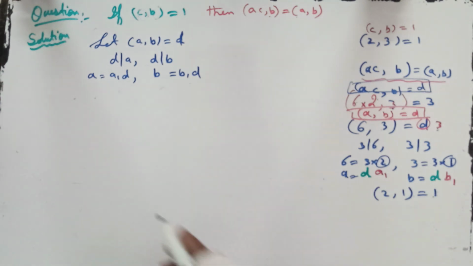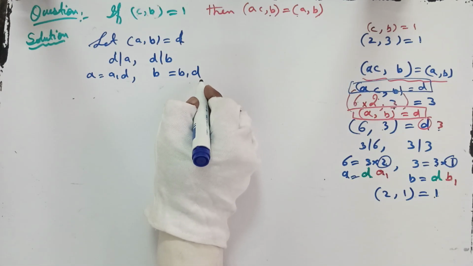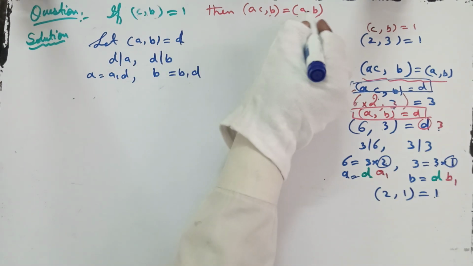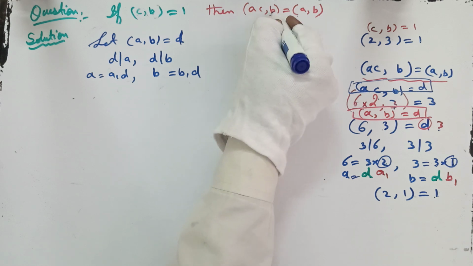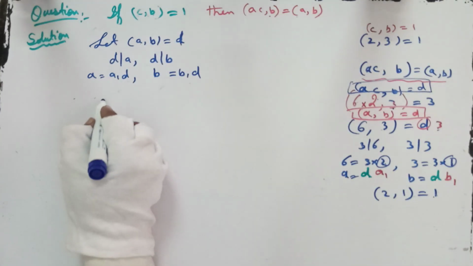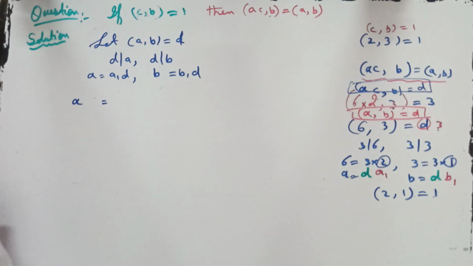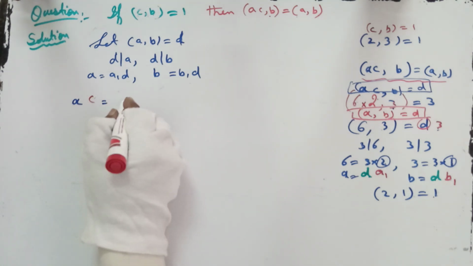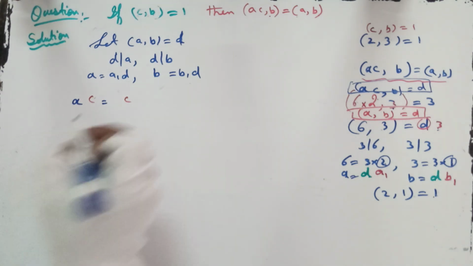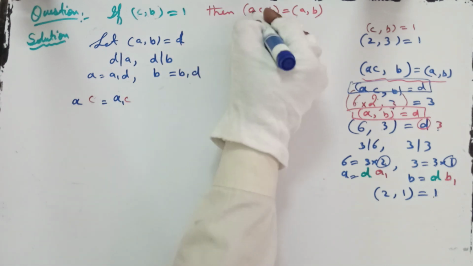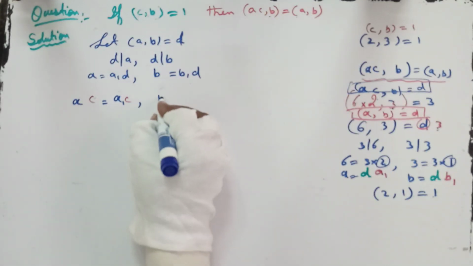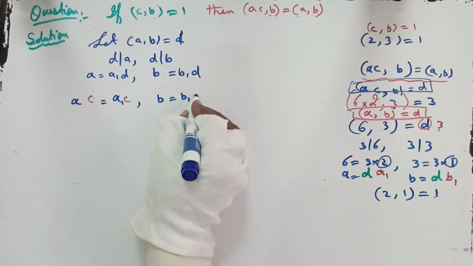Remember this. So D is the GCD of A and B. For making this expression, I have to multiply A with C on both sides of this equation. Then I have AC here, and B1D.